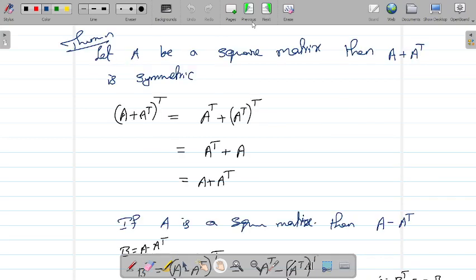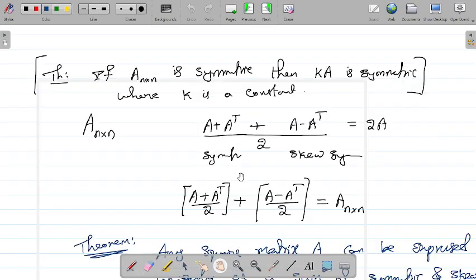And another one, for any square matrix, you can prove that A plus A transpose is always symmetric. And when it comes to A minus A transpose, that is going to be skew symmetric. With the help of these two things, we proved that any matrix can be uniquely expressed as a sum of symmetric and skew symmetric matrices.